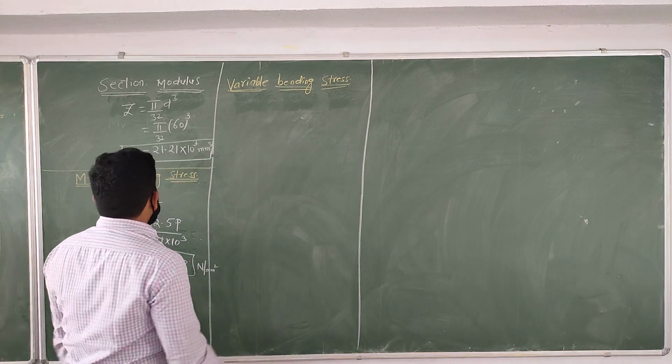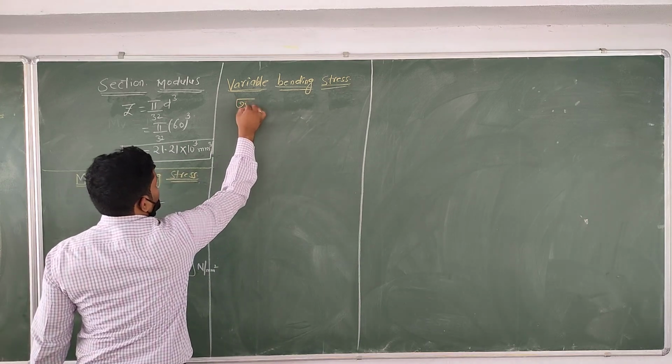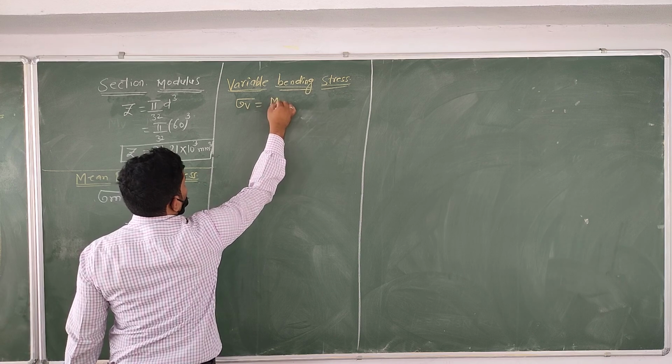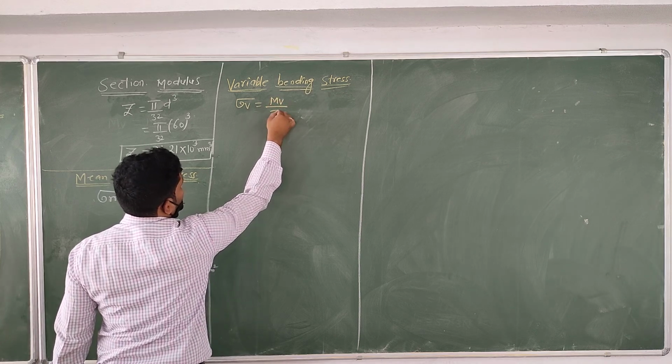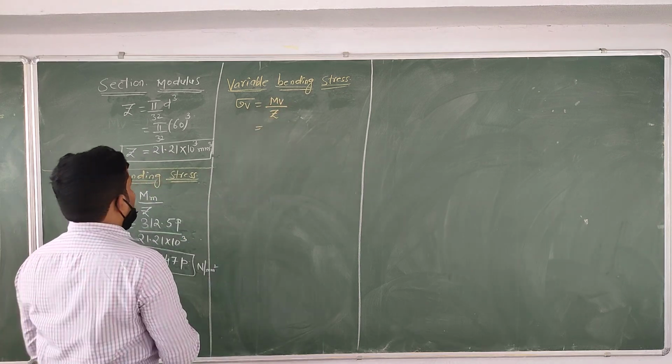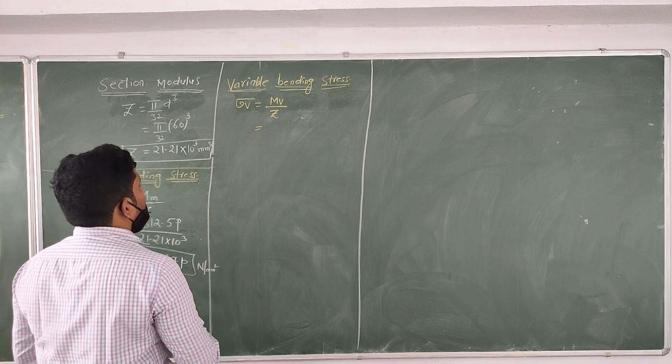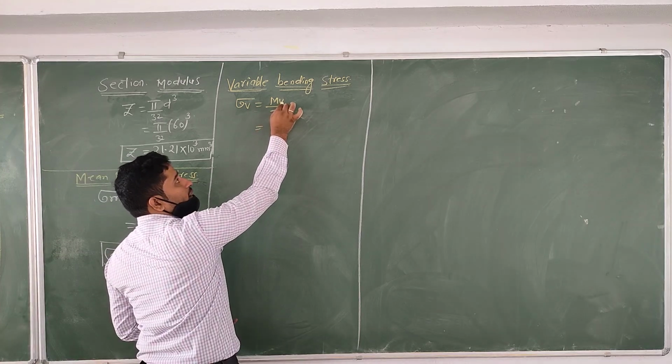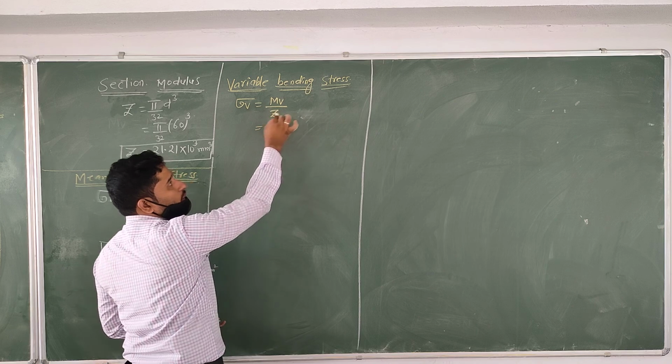So what is the formula? Sigma v equal to Mv by Z. Okay dear. So Mv is nothing but the variable bending moment. So sigma v is the variable bending moment by section modulus.